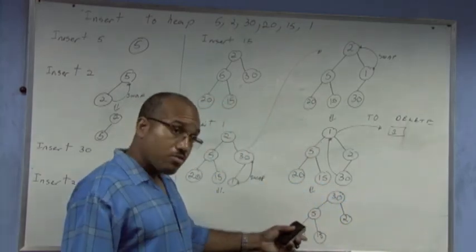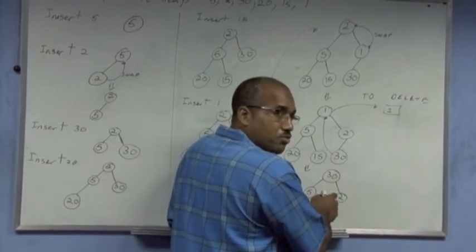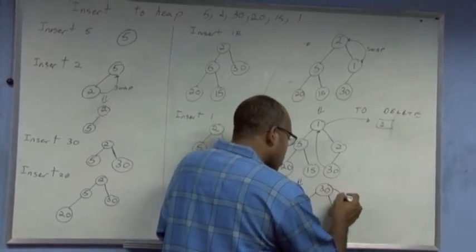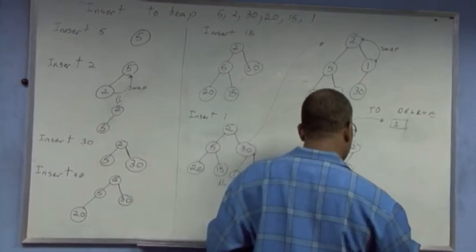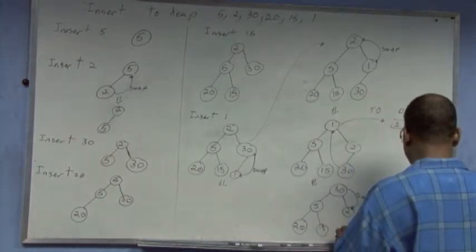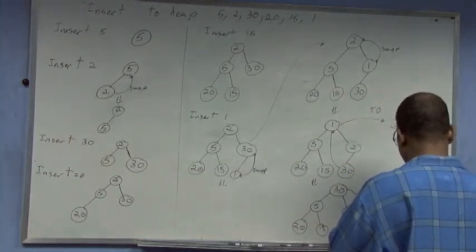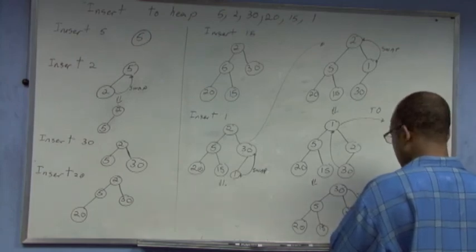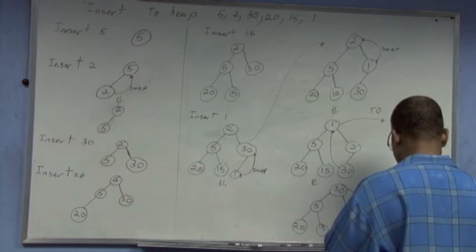Of course, that doesn't follow the partial ordering property. We still need to do a swap here to fix the heap. So we do a swap, giving us a 2 being the smallest thing that's remaining in the heap, then 5, 30, 20, and 15.